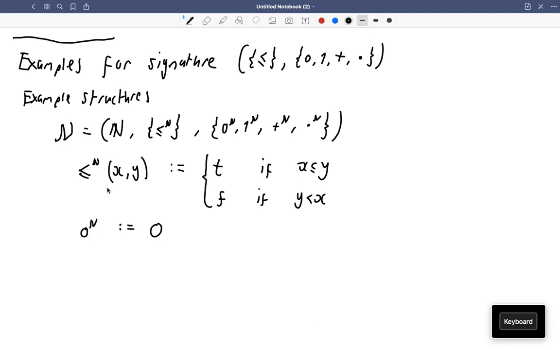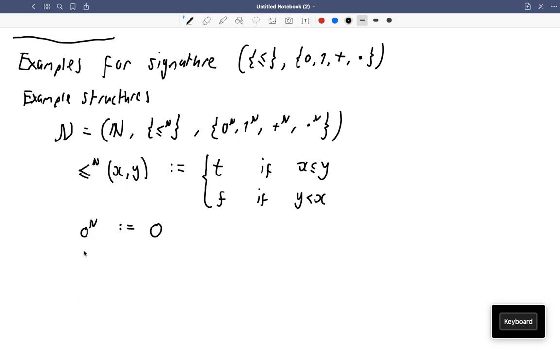That's just like giving an element of the natural numbers N, and that element is the actual natural number 0. Once again, we could have defined it to be any natural number. We could have taken 17 or something, but we have chosen the natural interpretation suggested by the syntax.